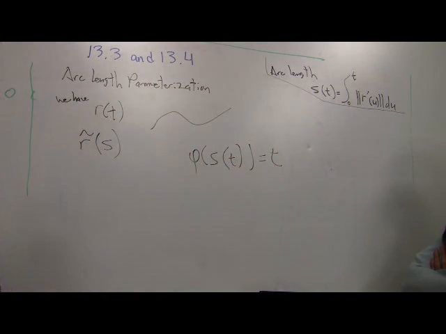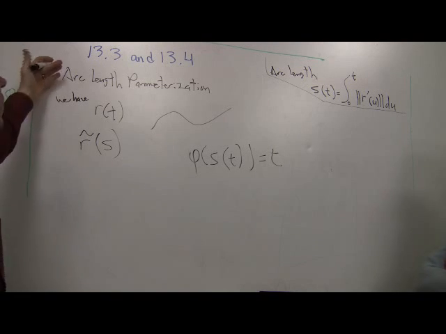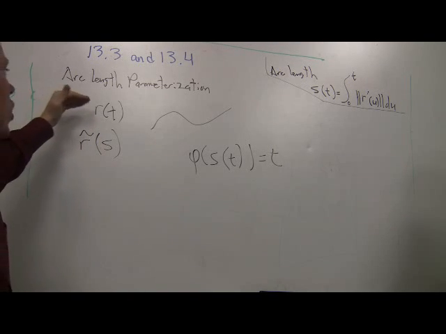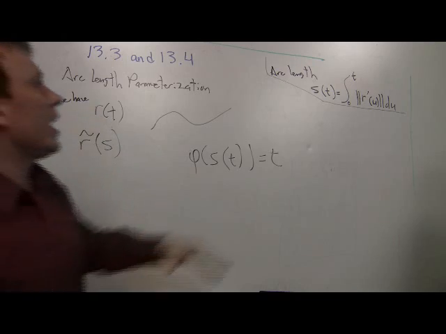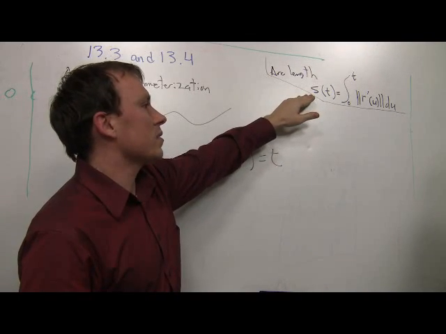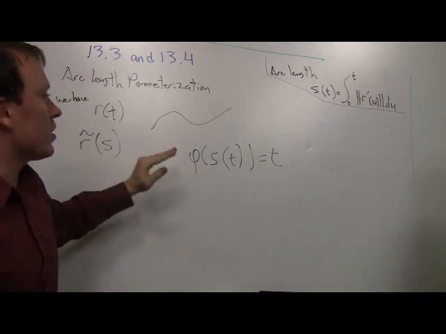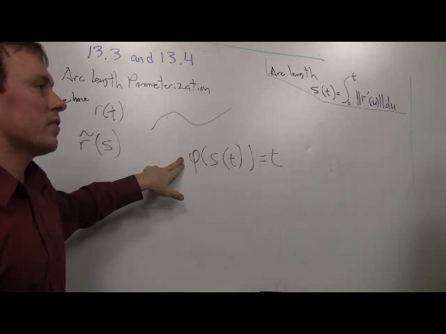So, in order to find this, first we start with our r. We calculate our arc length s. We calculate the inverse of s, phi.